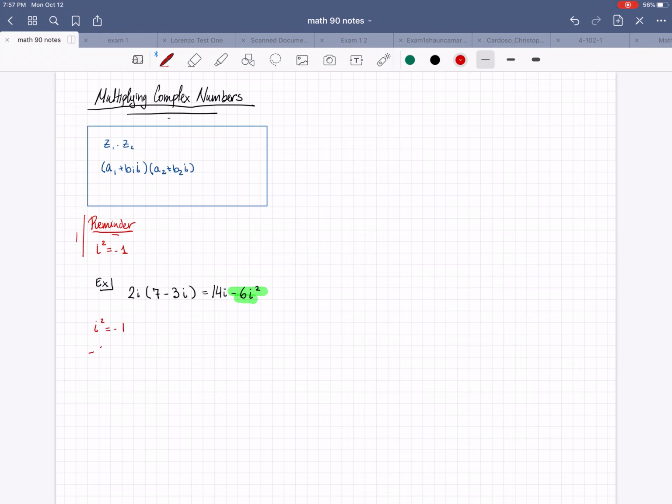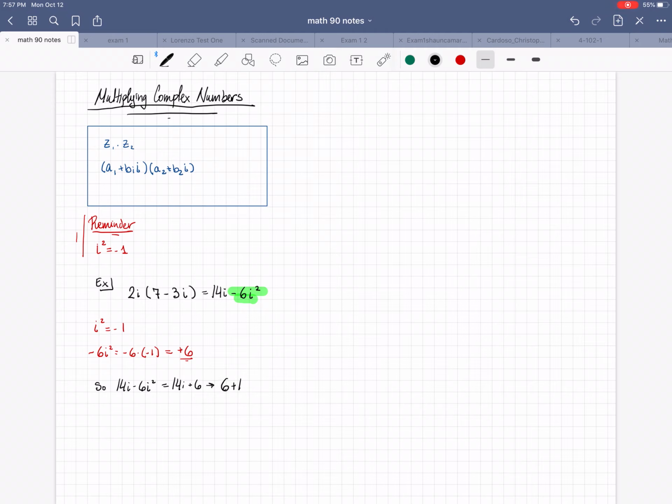So minus 6i squared is minus 6 times -1, so it's actually plus 6. So it turns out that 14i minus 6i squared is actually 14i plus 6.